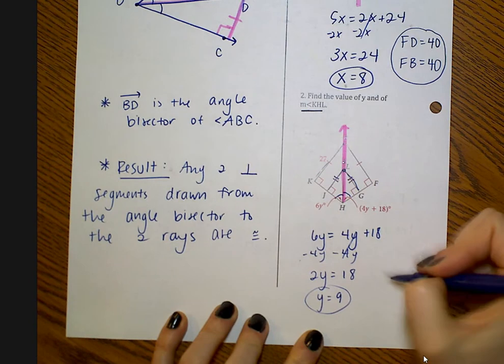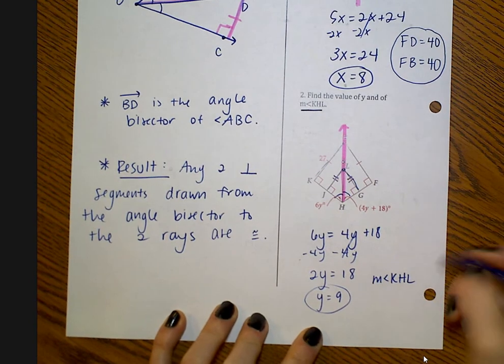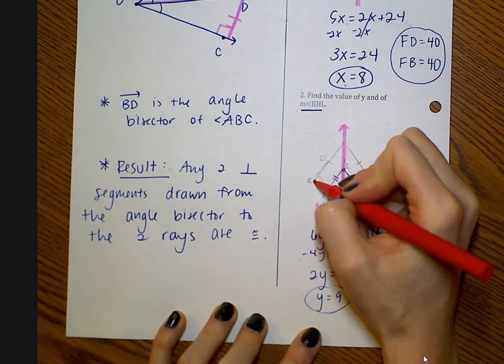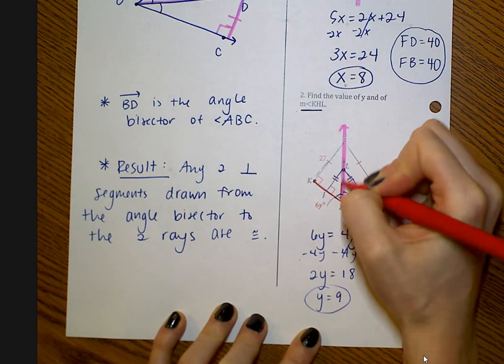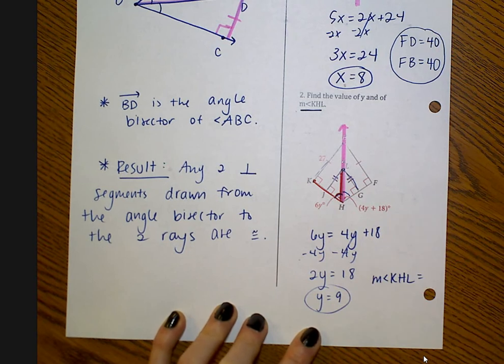So I need to tell them how many degrees KHL is. So first things first, let's find KHL. Let's see, KHL is this piece, which is 6y. So if I just plug in 9, 6 times 9, 54.